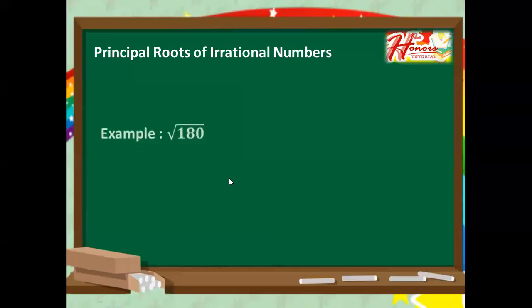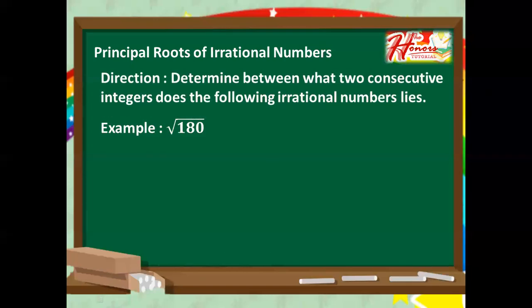We have here square root of 180. Same process. So let's start with 12. 12 raised to 2 is 144. Let's say that we have here 13 raised to 2, that is 169.